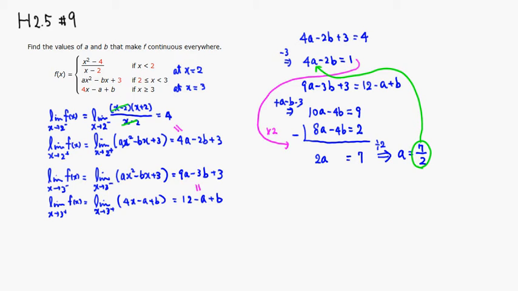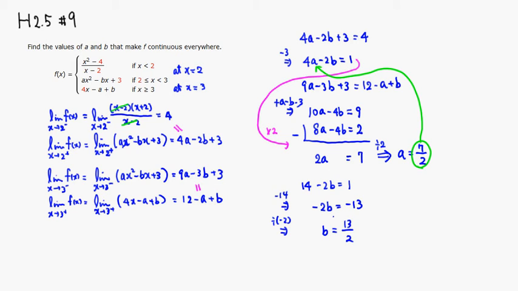We have 4 times 7/2, so that will be 14 minus 2b equals 1. We can subtract 14 from both sides. You get negative 2b is equal to negative 13. So we can divide through by negative 2 to find b. So b is 13 over 2.